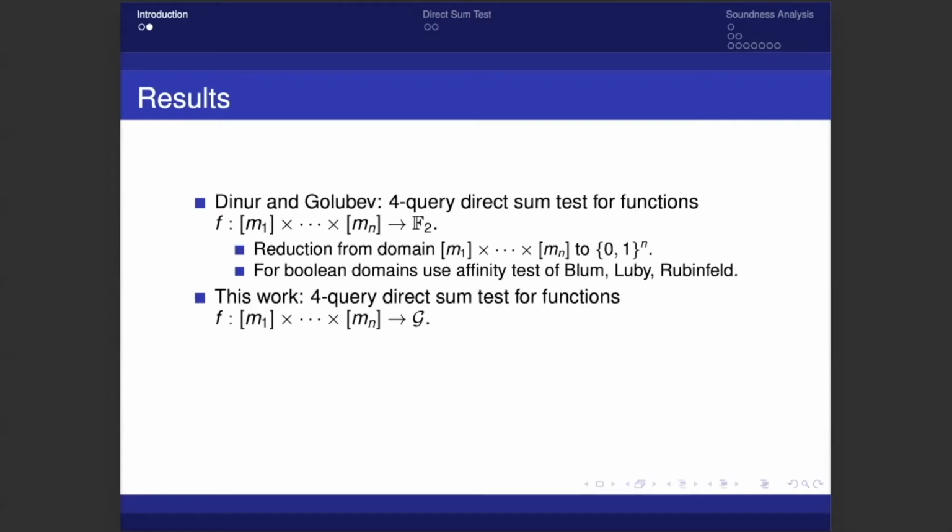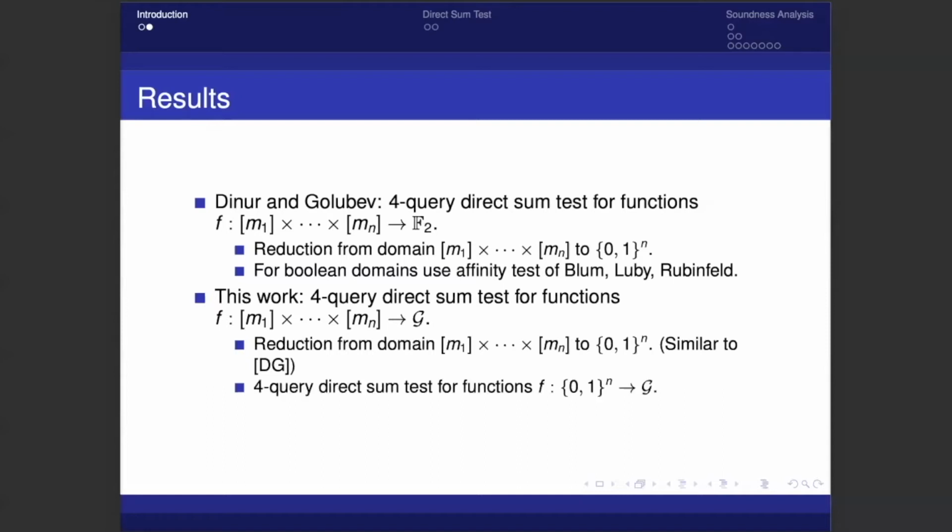In this talk, I'm going to focus on our main result, which is a 4-query test for direct sums from the product domain to arbitrary abelian groups. Turns out that the reduction from arbitrary product domains to the Boolean hypercube carries through in our setting as well. And this reduction builds on ideas of Dinur and Golubev.